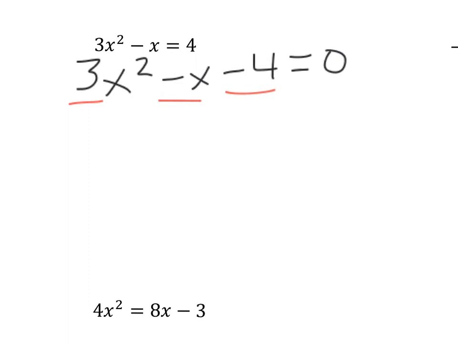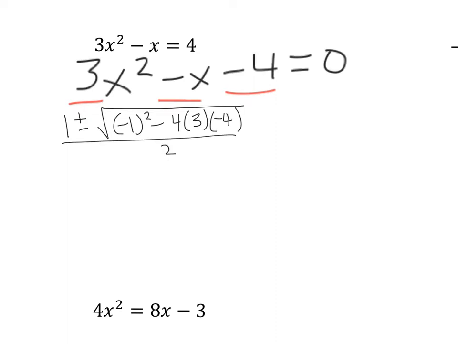So it's going to be opposite negative 1, which is 1, plus or minus the square root of negative 1 squared. I always put this negative in parentheses just to make sure that this is going to be a positive, minus 4 times a times c, all over 2a, so that's going to be 6.